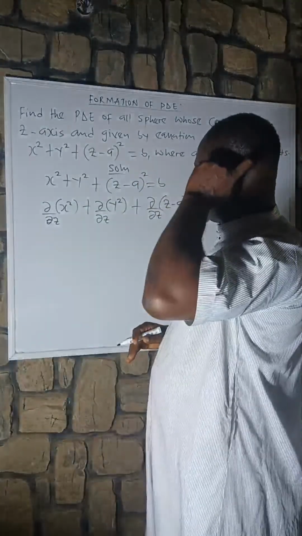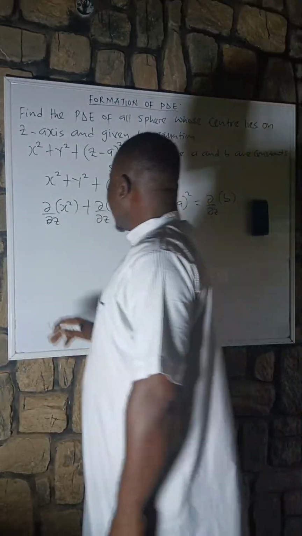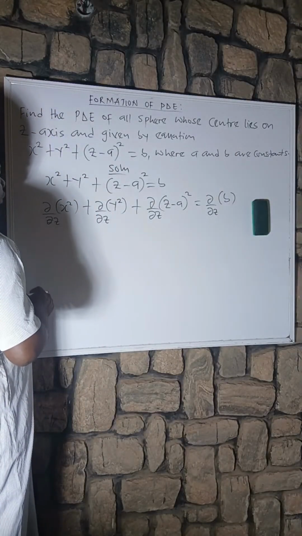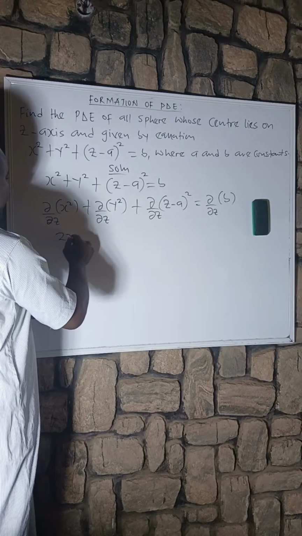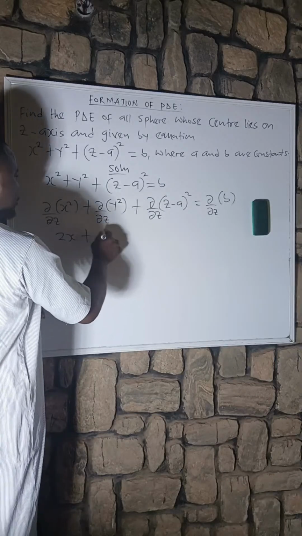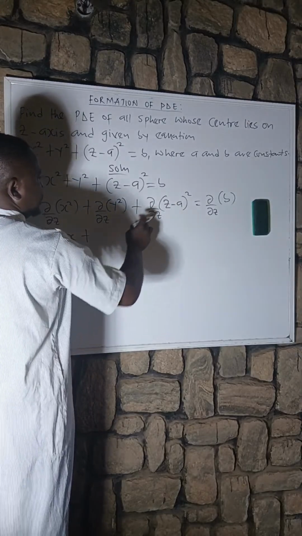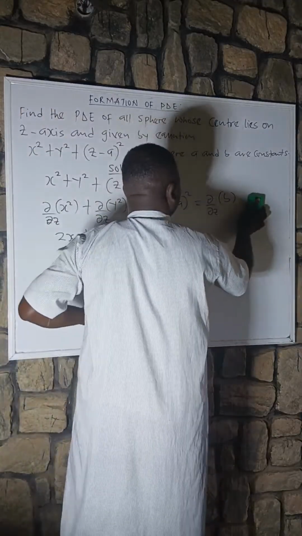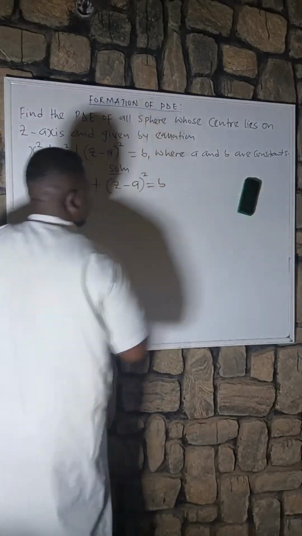So if we differentiate these, here we are going to have 2x, here is 0, plus if you differentiate this, let's do it straight.